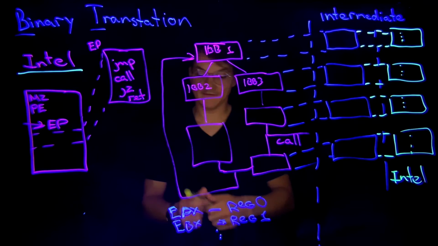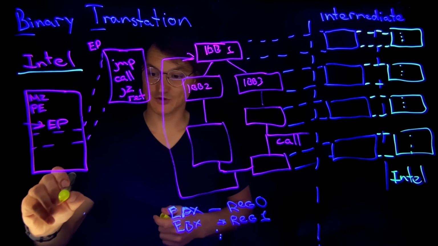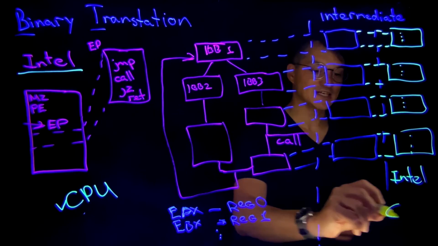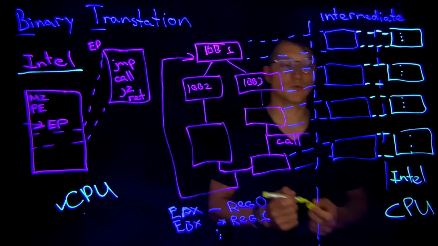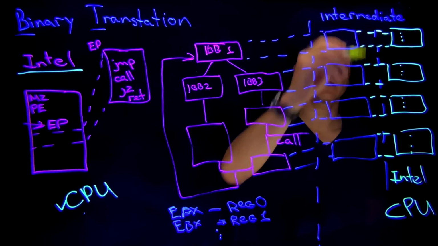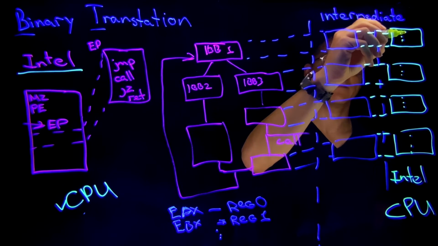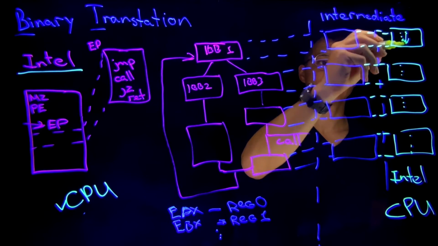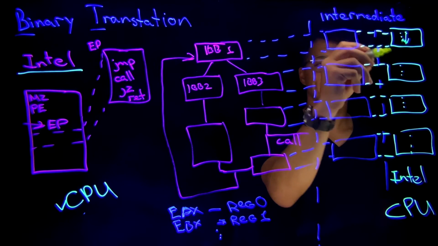So if we would just emulate this code, we would need to do emulation on vCPU. Then this code actually can run on a real CPU. So the way it happens, after it's generated, it actually loads all the registers, jumps, and executes this code, and as soon as the logical block ends, it has a choice.